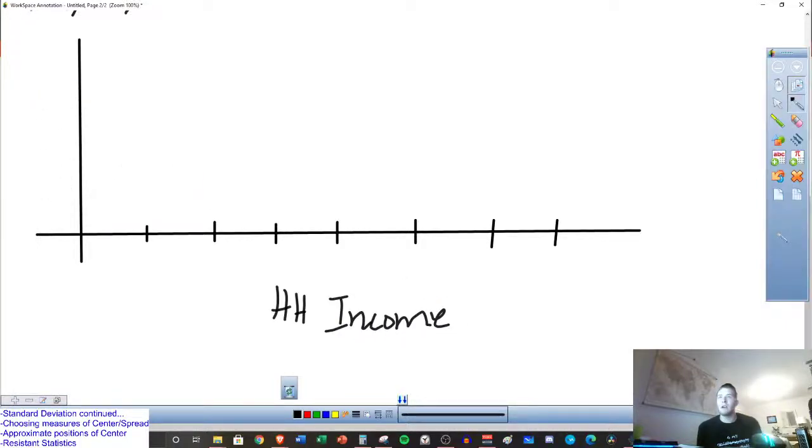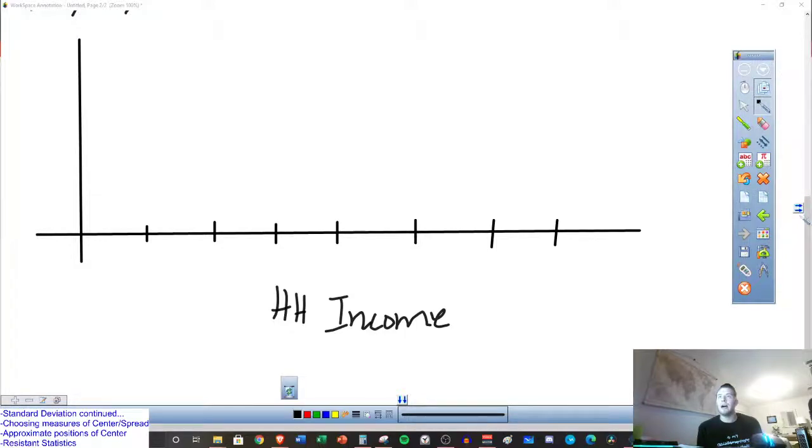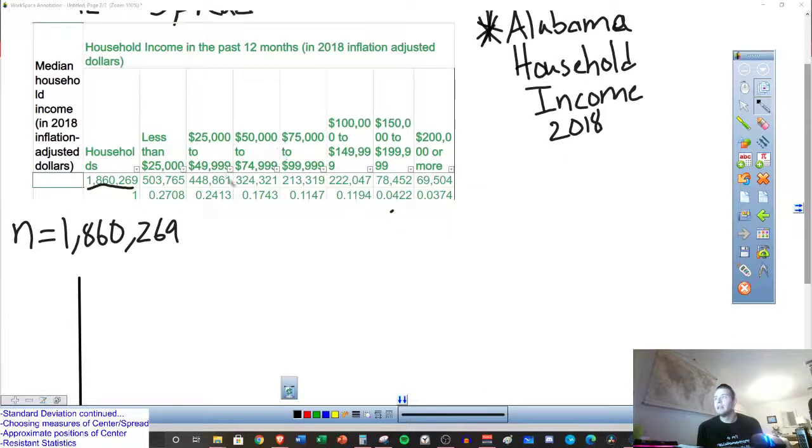What's going to be up here? So we have 2 options. We have these counts. So do we want to make a scale that has 503,000 households? No, we don't want to do that. We've talked about how percents are way better than numbers, pretty much always, because percents are more wieldy, I suppose is a way to put that. They're only ever going to be between 0 and 100, and that's just easier to use.